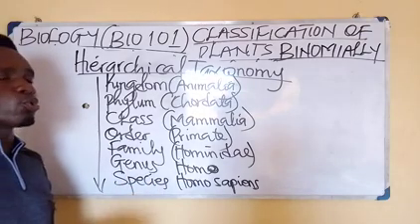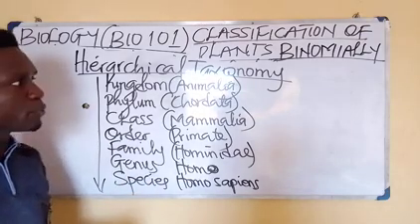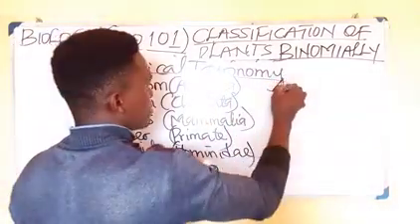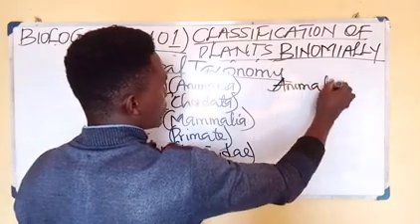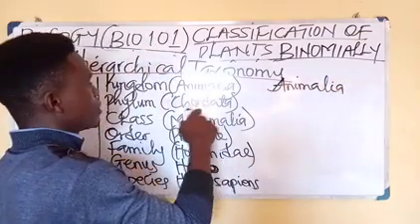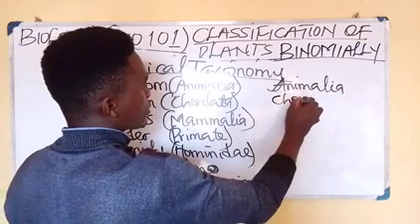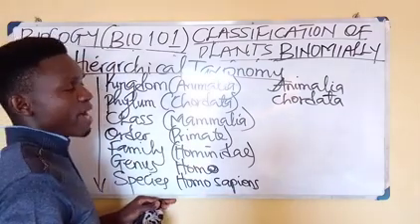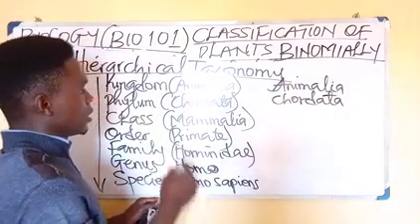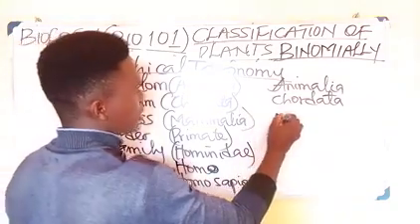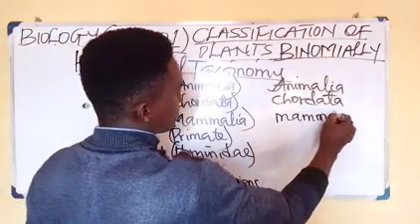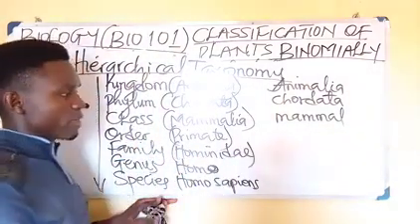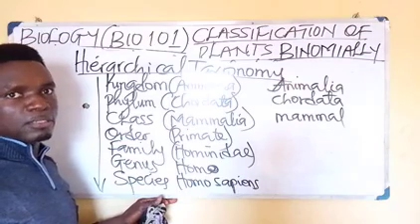What if we are told to classify lion? For example, lion is Animalia. Of course, lion is an animal. Phylum Chordata, it has a backbone. And Mammalia, yes, lion is a mammal. Then order: primate?